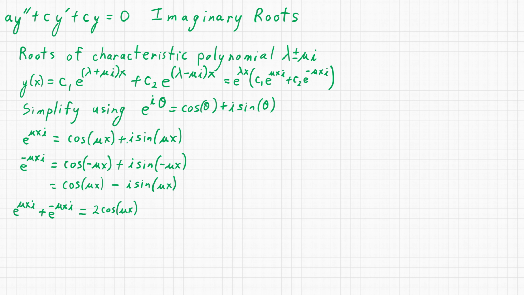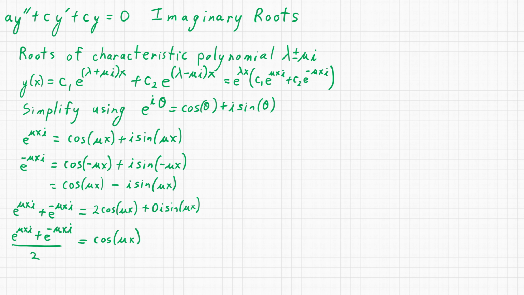But here I have positive i sine mu x, and I add negative i sine mu x, so you end up with 0 times i sine mu x. If I want, I can divide both sides by 2, and e to the mu x i plus e to the negative mu x i over 2 is just cosine of mu x.